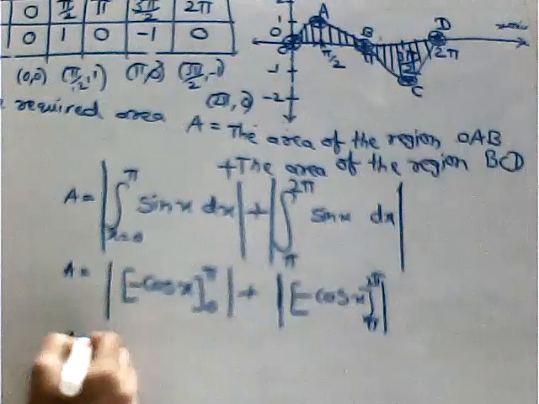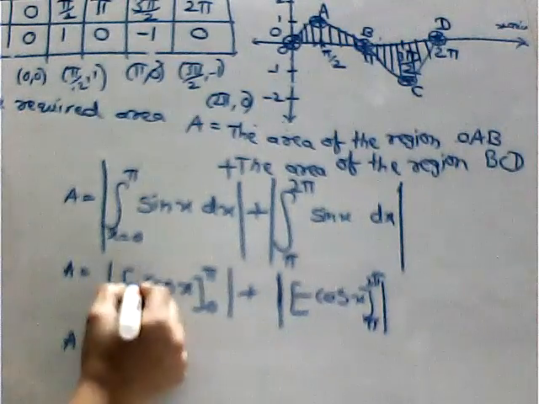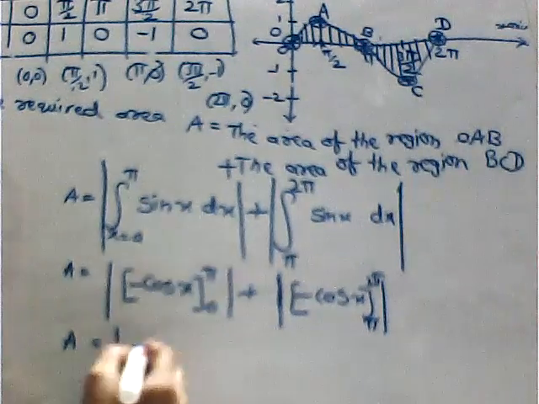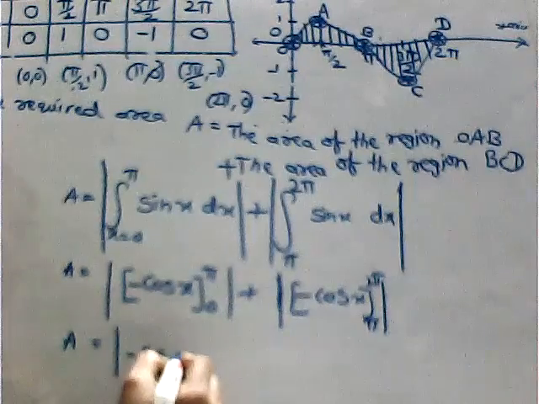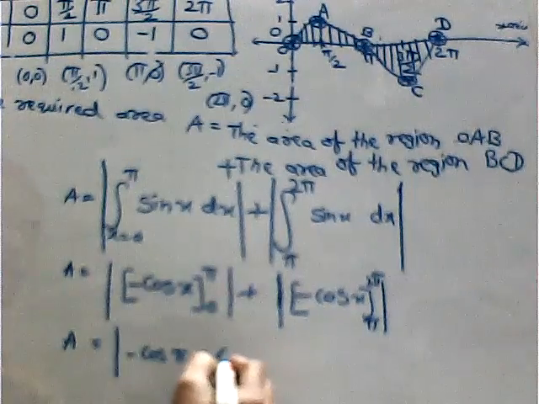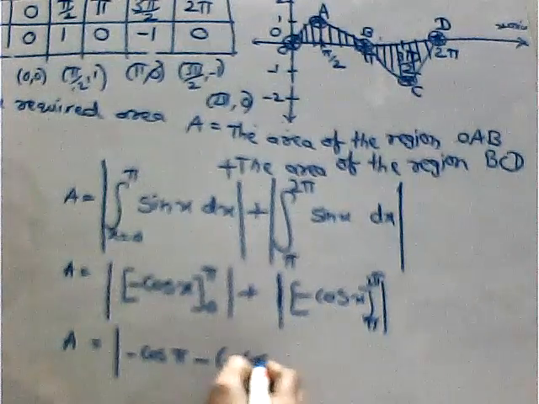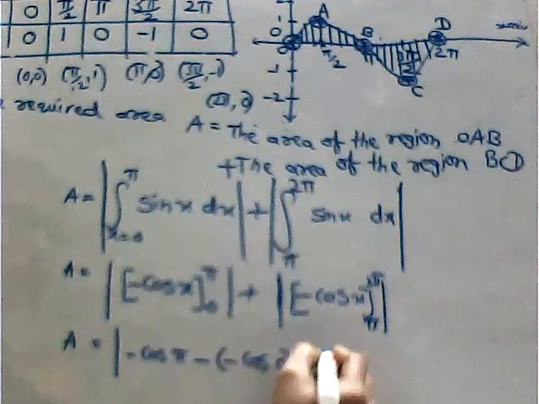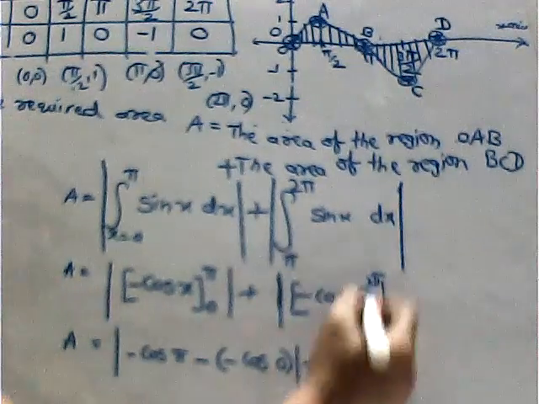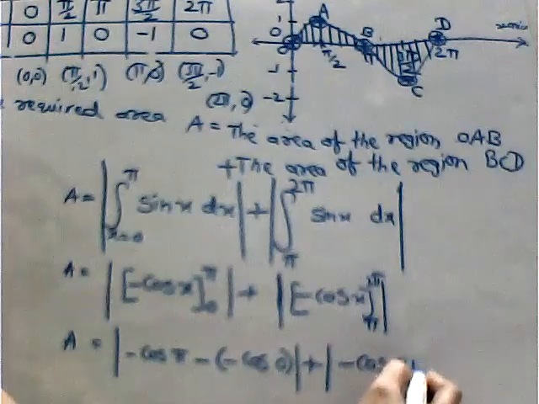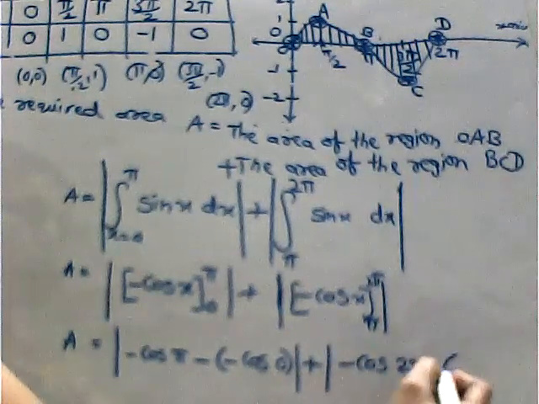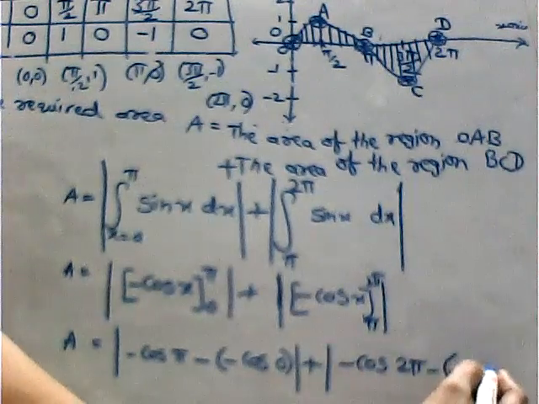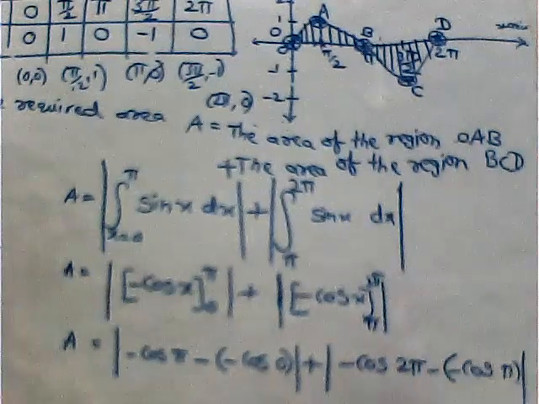A equals modulus, applying the upper value minus lower value, minus cos pi minus minus cos 0, plus modulus minus cos 2 pi minus minus cos pi.